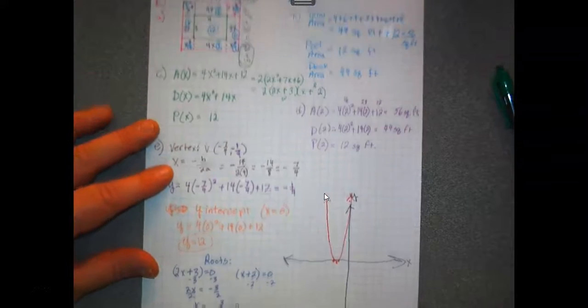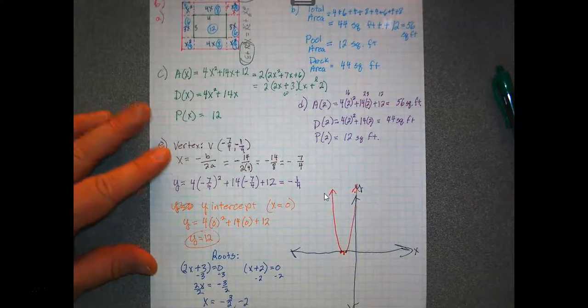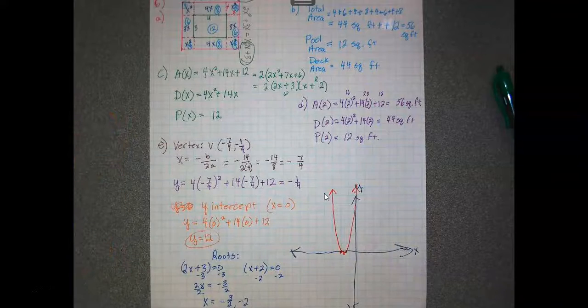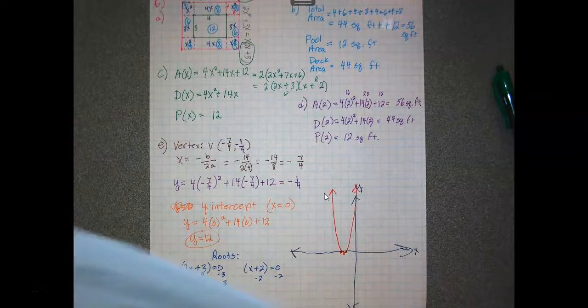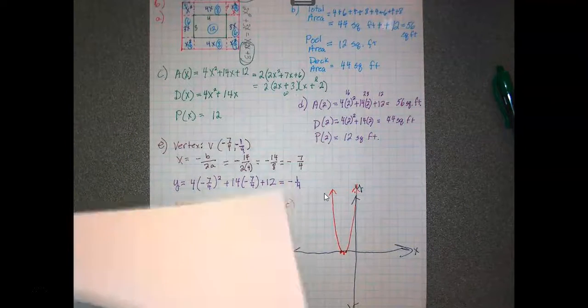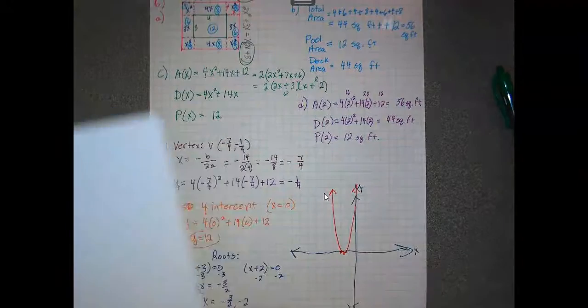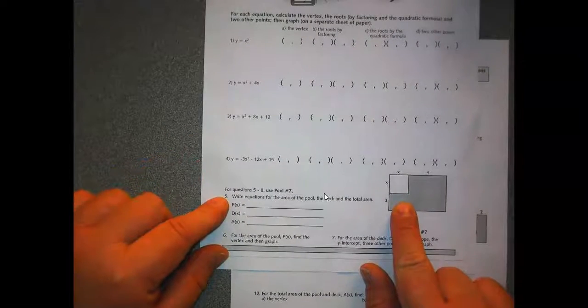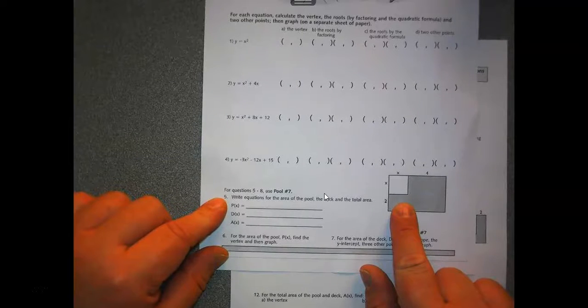Question number 6. Now, your quiz. All you have to do is start with number 5. In fact, we did this one. That's pool number 5, right? So start with this one.